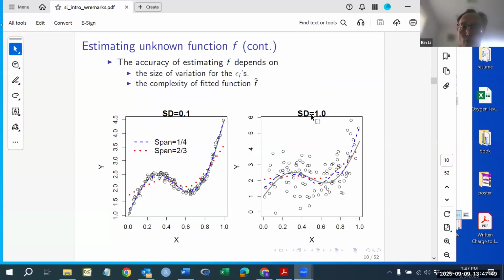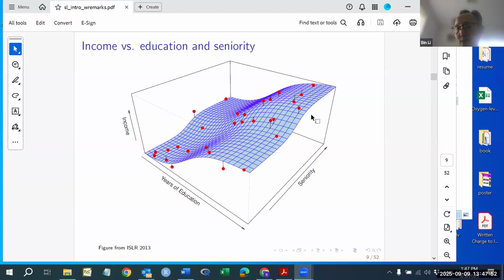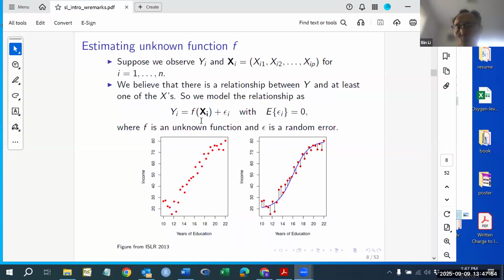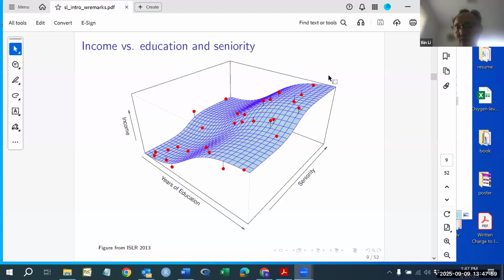So this is an example that shows y equals f(x) plus epsilon. So what is the f? F is that hyperplane, that smooth surface. Okay, and what is the epsilon? Epsilon is the vertical distance between the red dots, which are the observed data points, and the fitted surface, the fitted value.